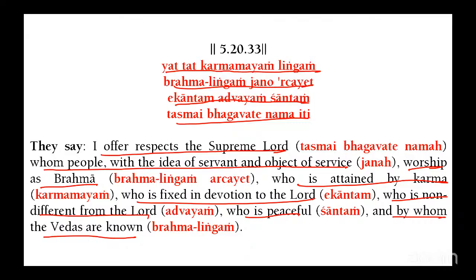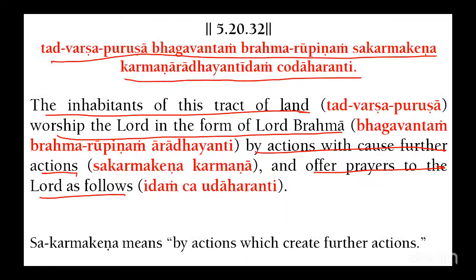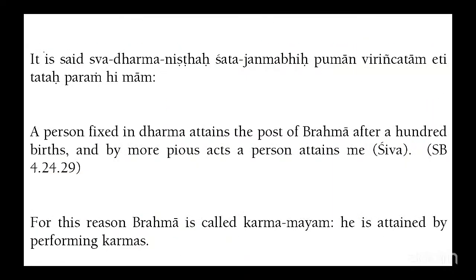So Brahmaji is fixed in devotion to the Lord, who is non-different from the Lord in the sense of the same goal, the same purpose, same mission. It is said, Swadharmanishta Shatajanma Puman Virinchitameti Tatap Param Himam.